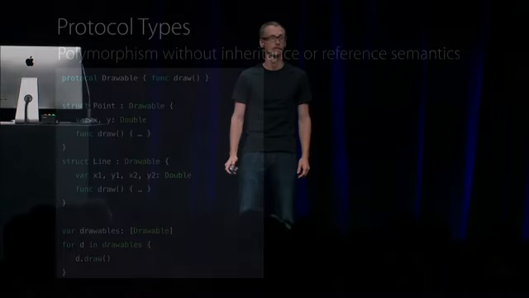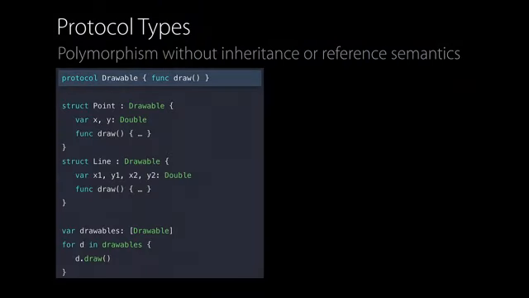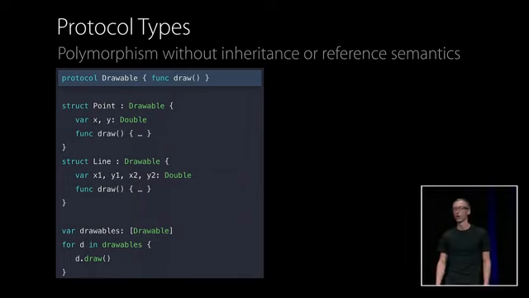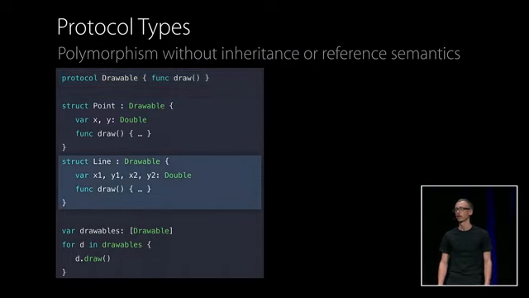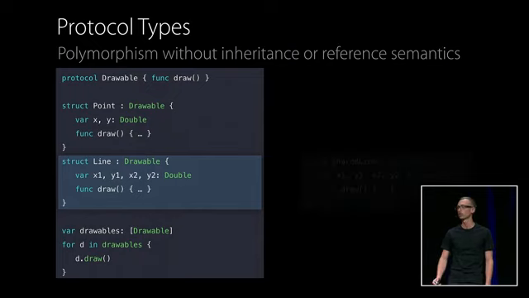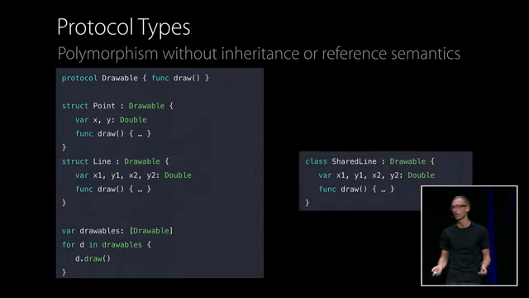Let's come back to our application, this time implemented using protocol types. Instead of a drawable abstract base class, we now have a protocol Drawable that declares the draw method. And we have value types, struct Point and struct Line, conform to the protocol. Note we could have also had a class SharedLine conform to the protocol.